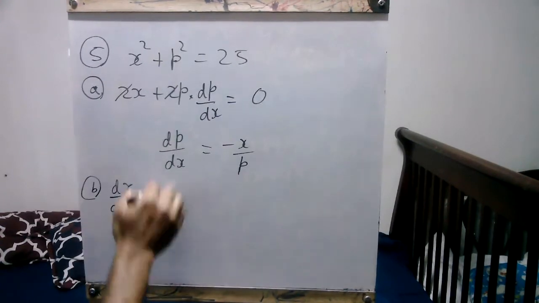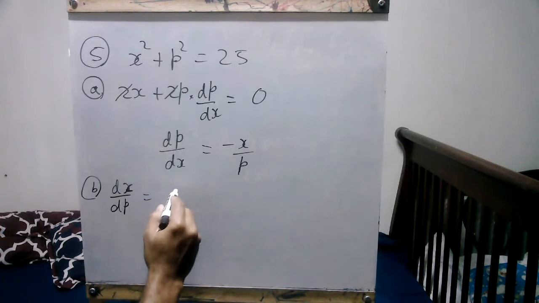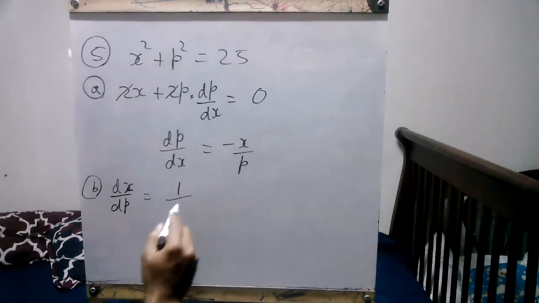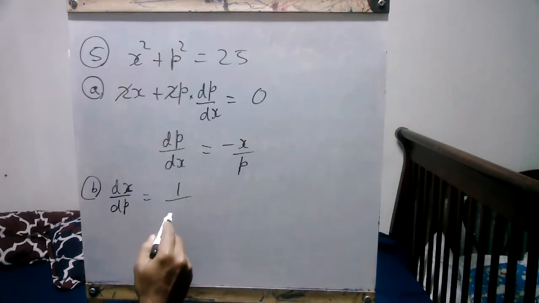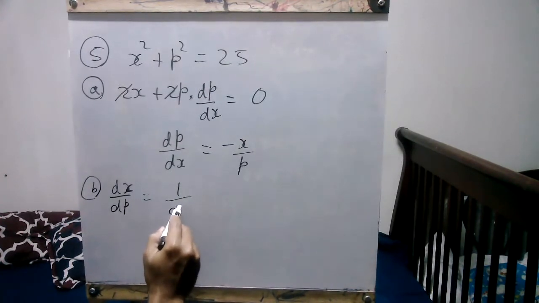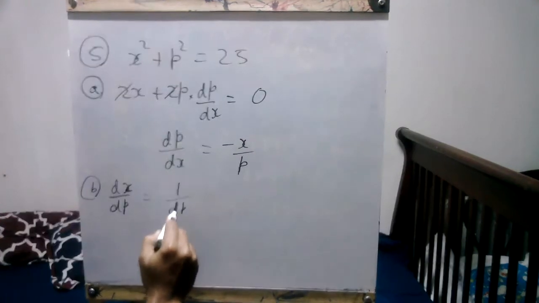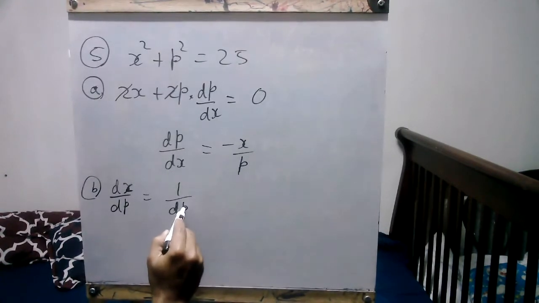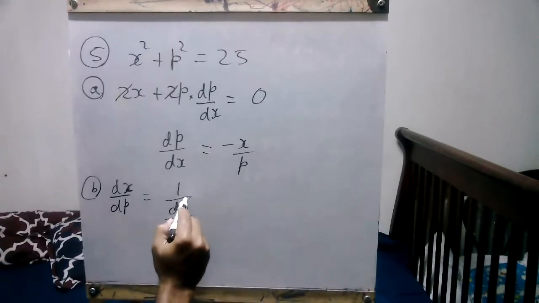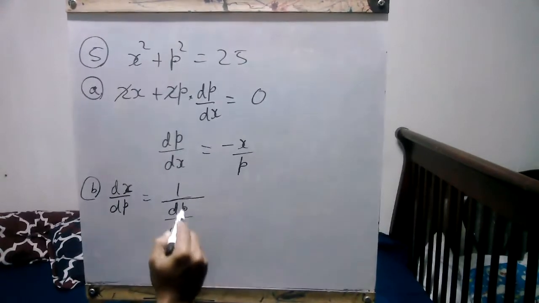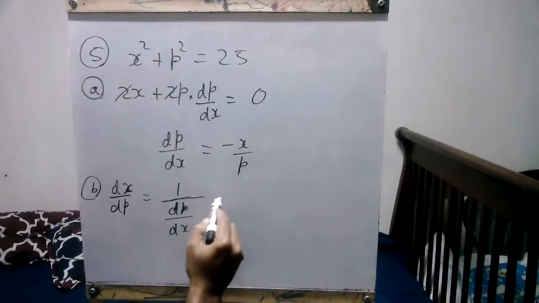We can take the reciprocal of this. dx/dp is the same as 1 over dp/dx, 1 divided by dp/dx.